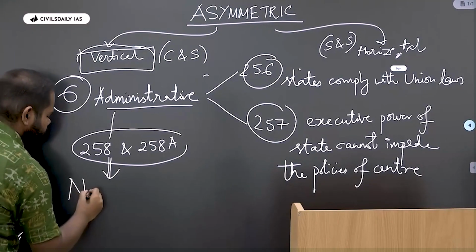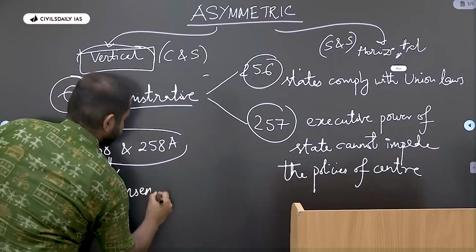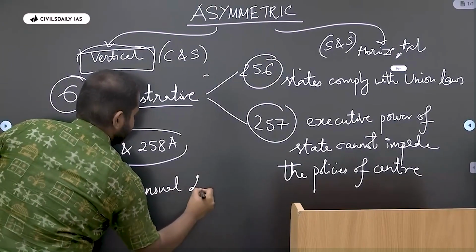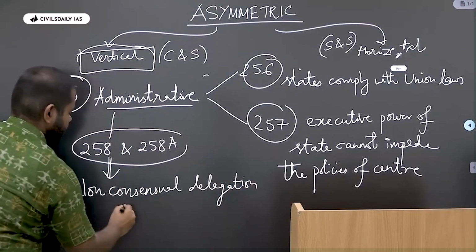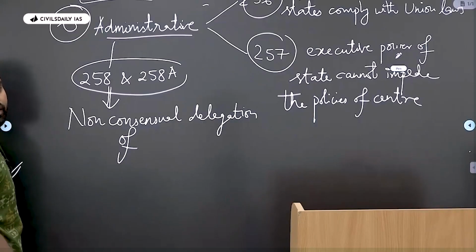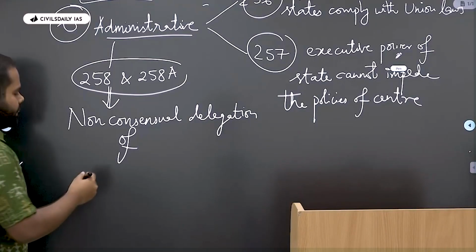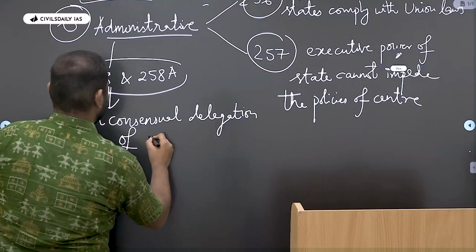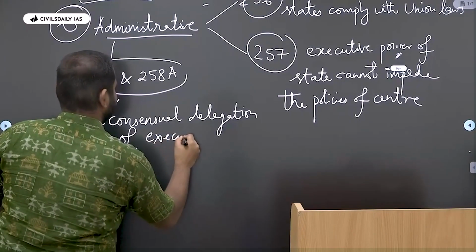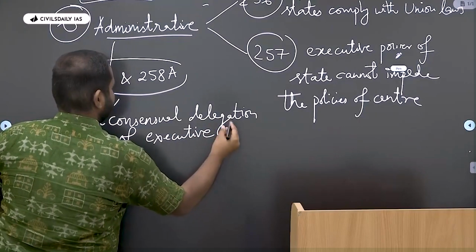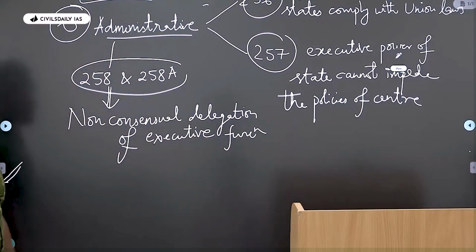This is non-consensual delegation. Yes, that is also a point where they have to give directives. Non-consensual delegation of executive functions. That will cover the directives one.